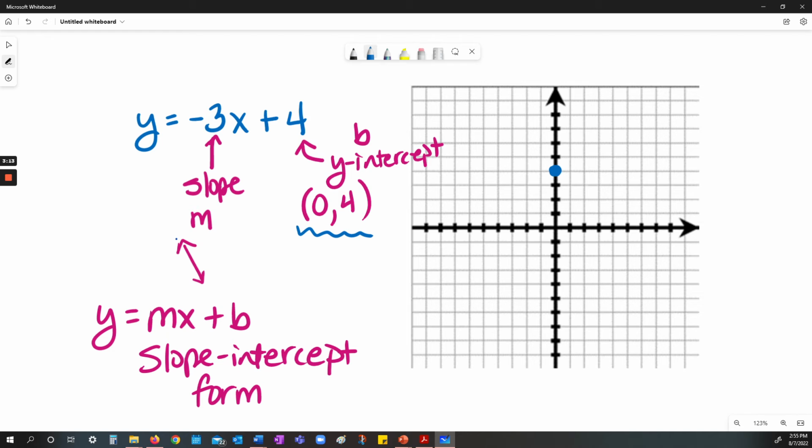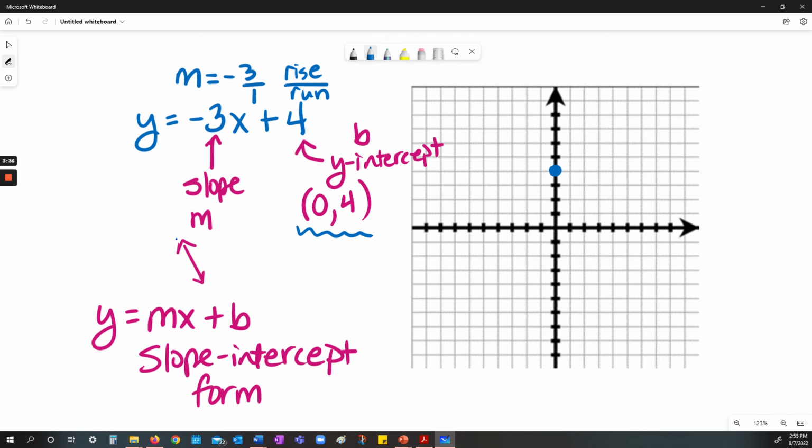Okay, anyway, so our slope, m, is negative 3. You can think of this as negative 3 over 1 because we usually think of the slope as a ratio. It's a ratio of the change in y, or you might call that the rise, over the change in x, or the run.